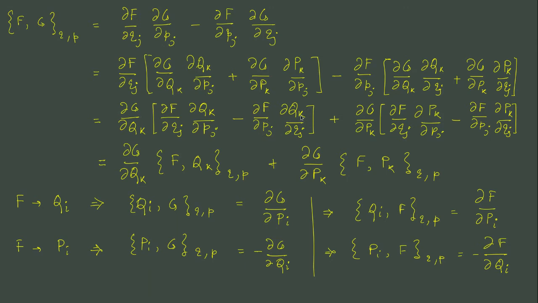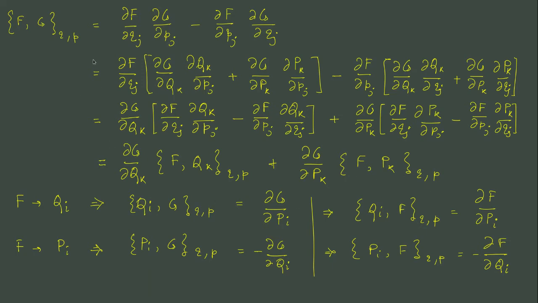So we have del F del Pj, del Qk, del Qj. And we have a similar set just by rearranging the terms here. And this gives us del G del Qk times the Poisson bracket of F and Qk. Similarly, we have del G del Pk times the Poisson bracket of F and Pk. And we kept the subscripts intact.